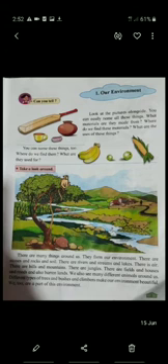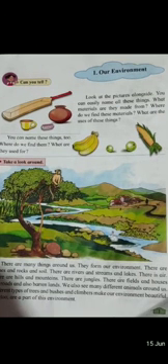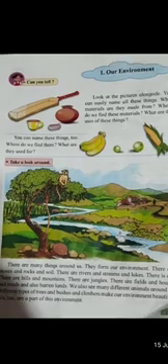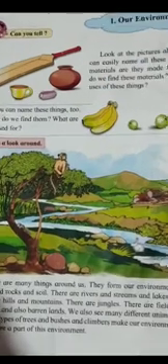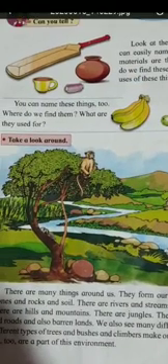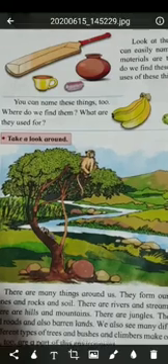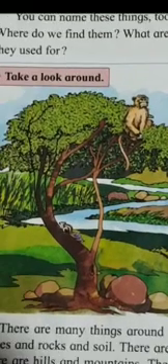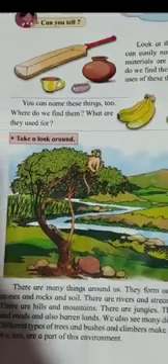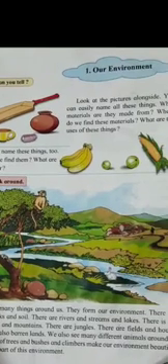Now next, take a look around. If you see in this picture, there are many things. You have hills, trees. On a tree you have a monkey. A squirrel is climbing on the tree. Then you have a river flowing. Then you have stones, grasses.